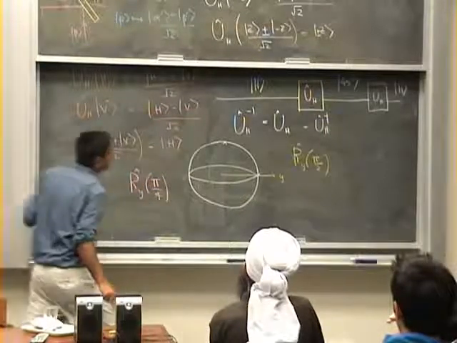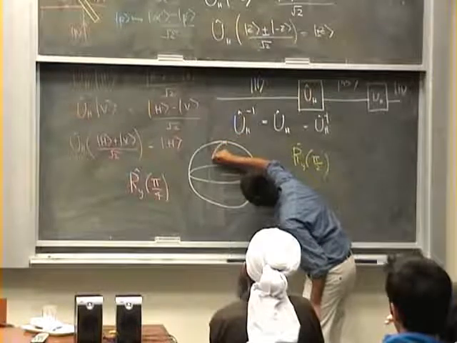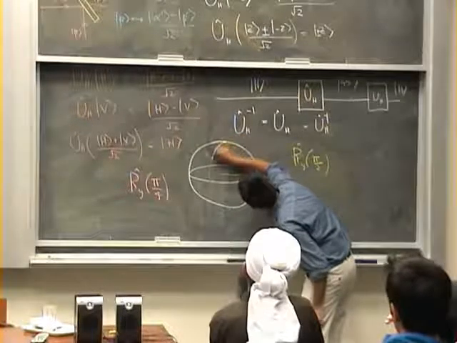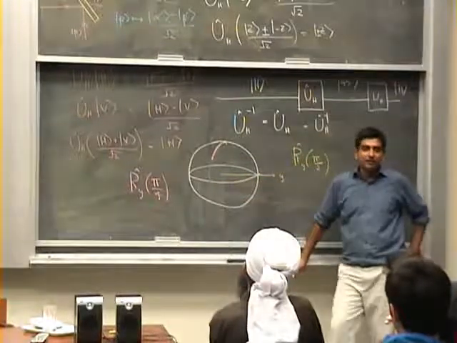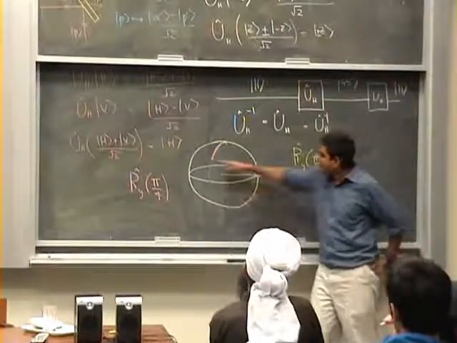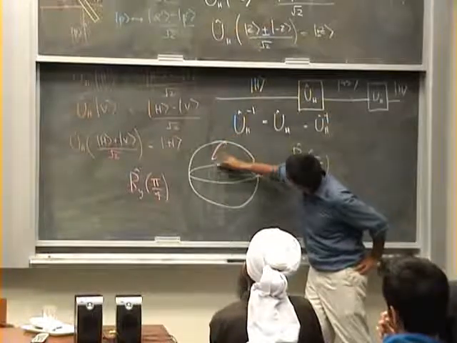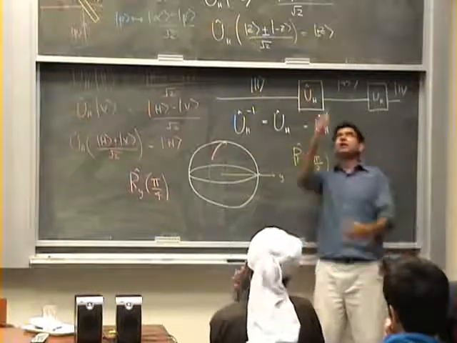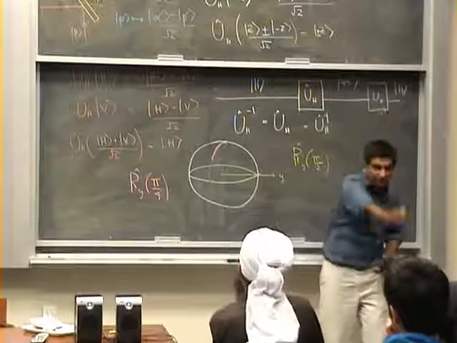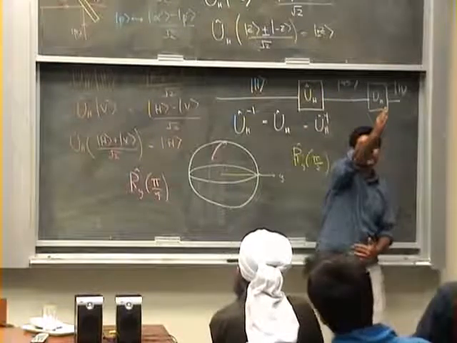Okay? So if I'm here, I end up here. I don't quite reach the equatorial plane, but I end up such that this angle is 45 degrees. Okay? So I start here, instead of going all the way to the equatorial plane, I end up at 45 degrees.